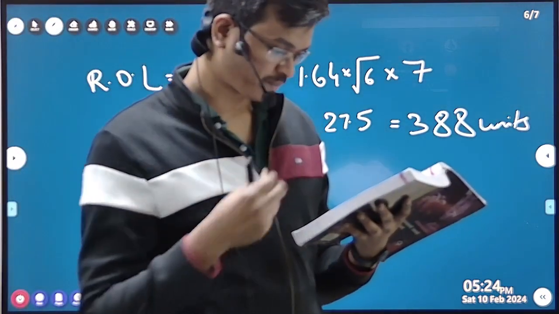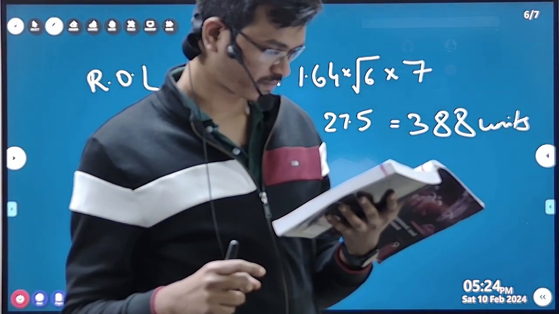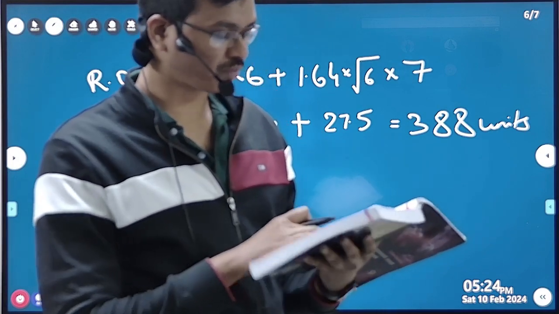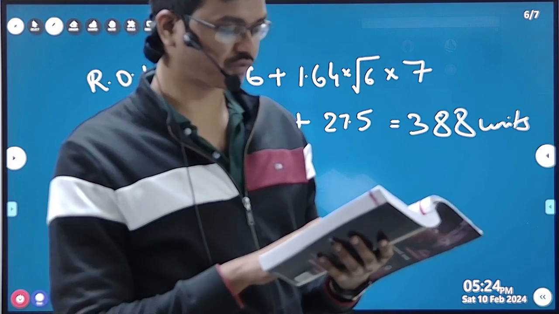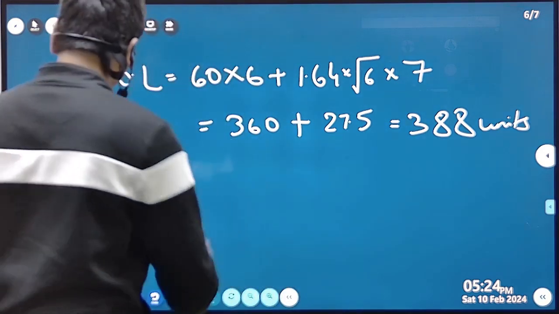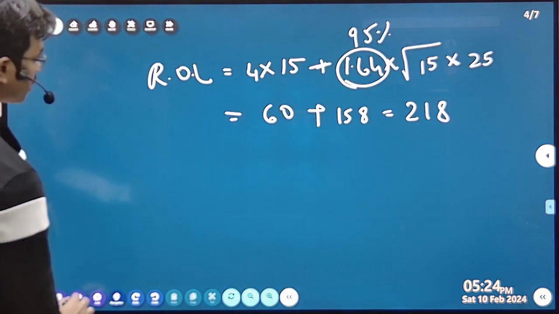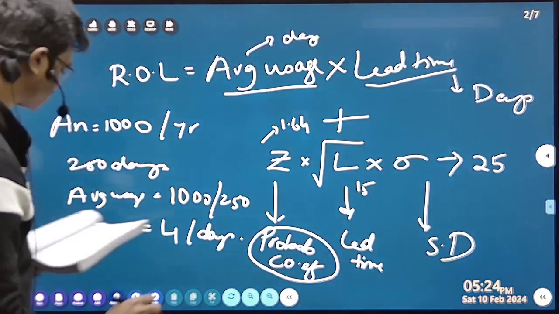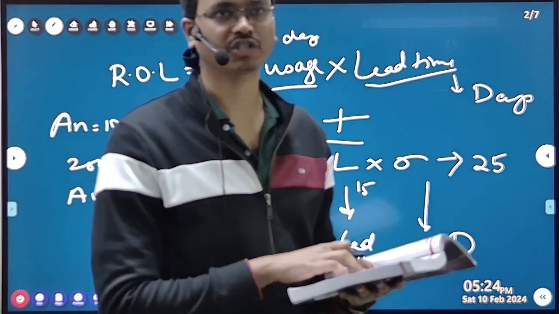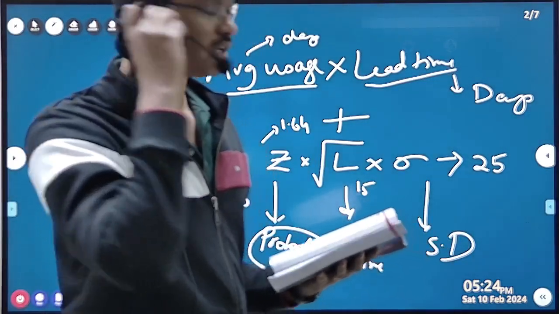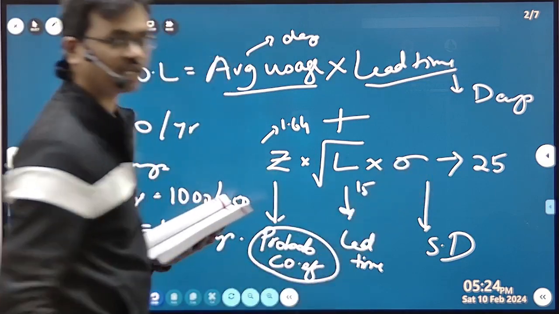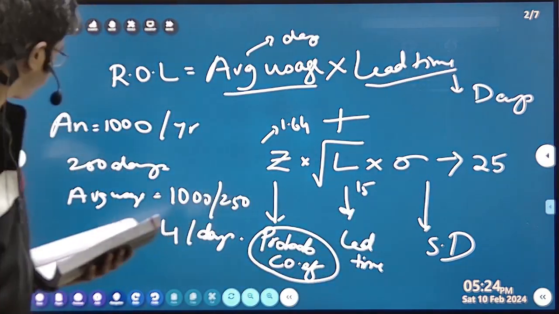Sigma d, 6 into 7 squared. This is a different formula, but we can follow it. He has given a different kind of standard deviation, which is a little confusing, but this formula is clear. You can follow this formula.